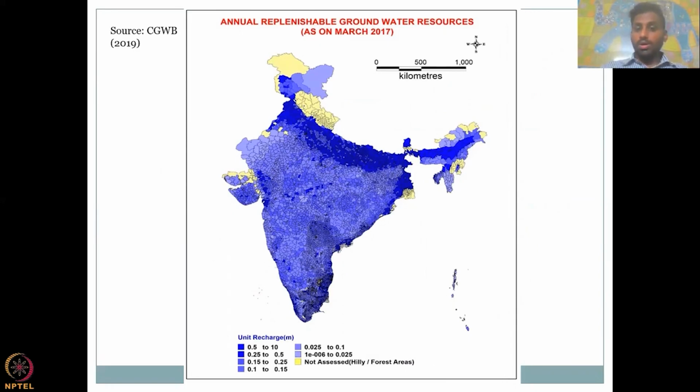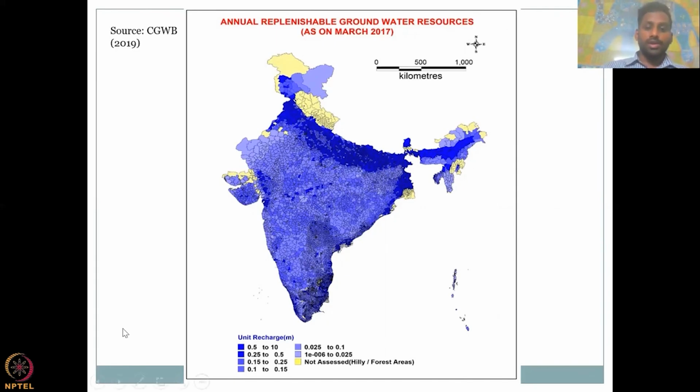This is a block and village diagram of India with boundaries, where you could see at a block level different colors to estimate the unit recharge of groundwater. Basically, this map has been done for the year 2017, and this can be compared to the other data that we saw on groundwater basins, where groundwater occurs and how much water is being used.